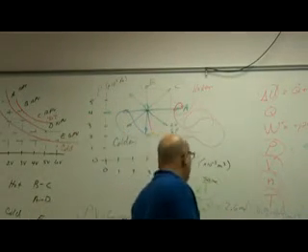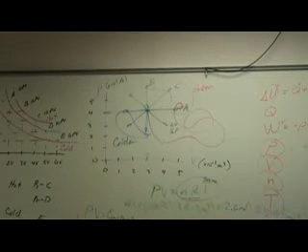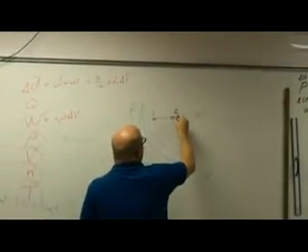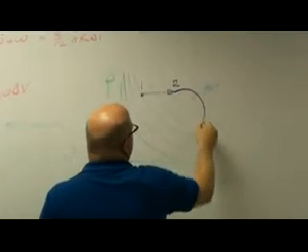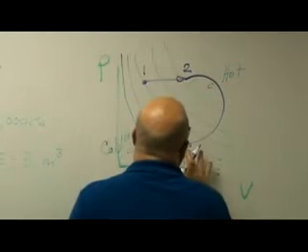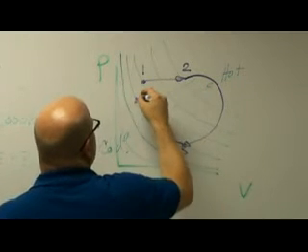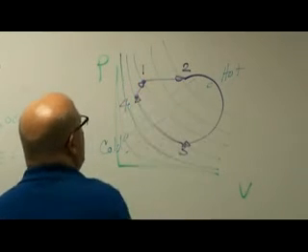Okay? All right. So let's say you start here at point 1. You go out to point 2. You go this way to point 3, and then you go this way to point 4, and then this way back to point 1.